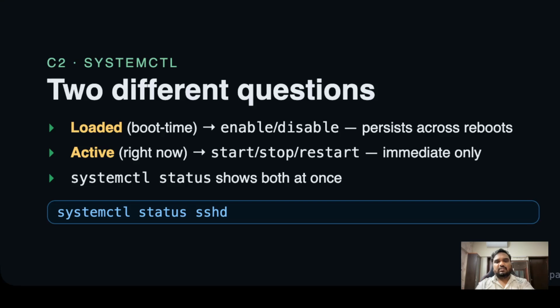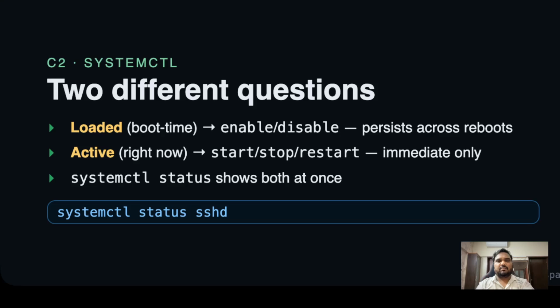This instant. That's the active state, the current state, live state, and you control it with start, stop, and restart, which take effect immediately. But they don't by themselves survive a reboot. So enabled but not currently started, and started but not enabled, are both real situations. Enable is about the future. Start is about right now.